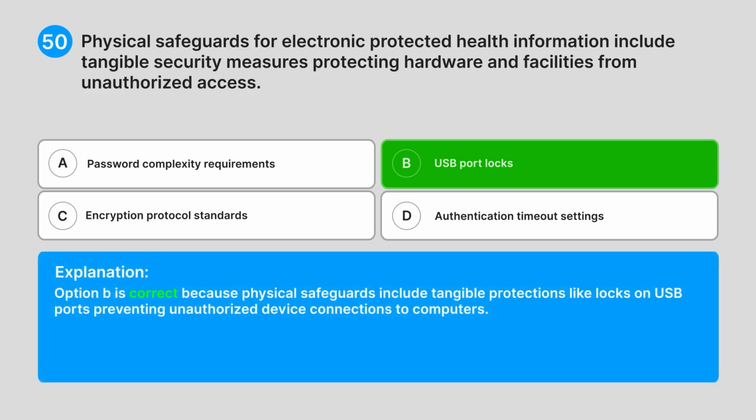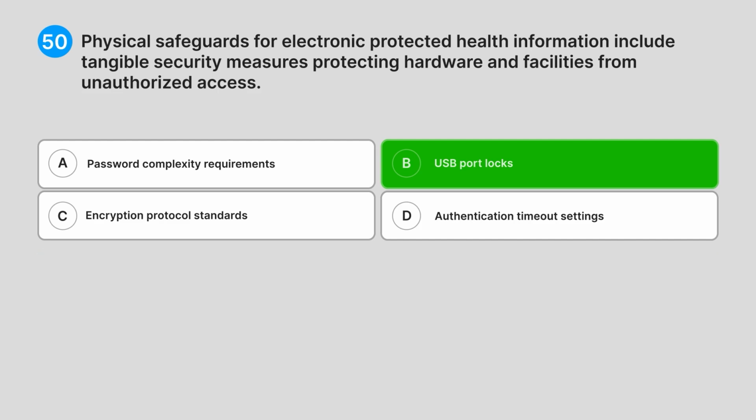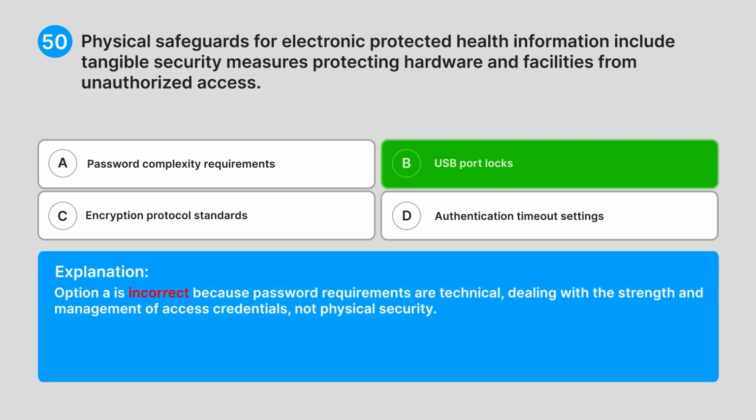Explanation. Option B is correct because physical safeguards include tangible protections, like locks on USB ports, preventing unauthorized device connections to computers. Option A is incorrect because password requirements are technical, dealing with the strength and management of access credentials, not physical security.